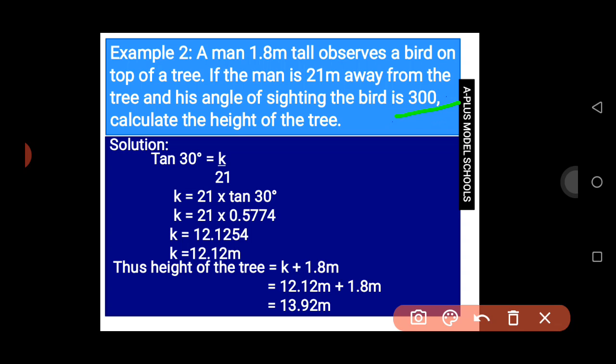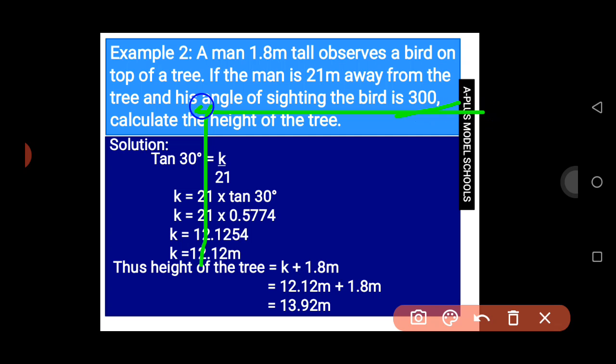So when you look at this diagram very well, a man 1.8 meters tall, assuming this is the man, observes a bird on top of a tree. If the man is standing here, the sight of the man will be here, so this is the horizontal.